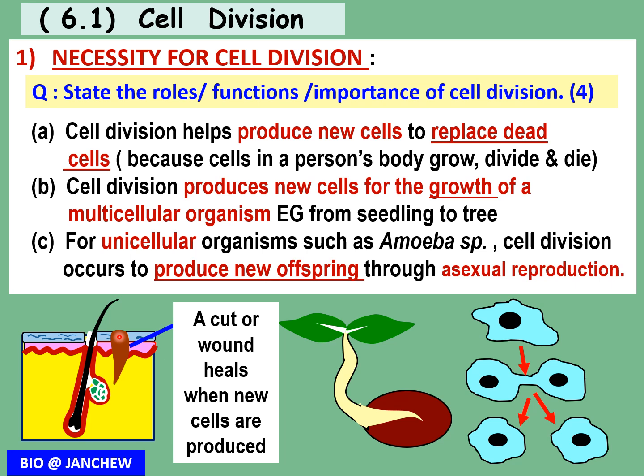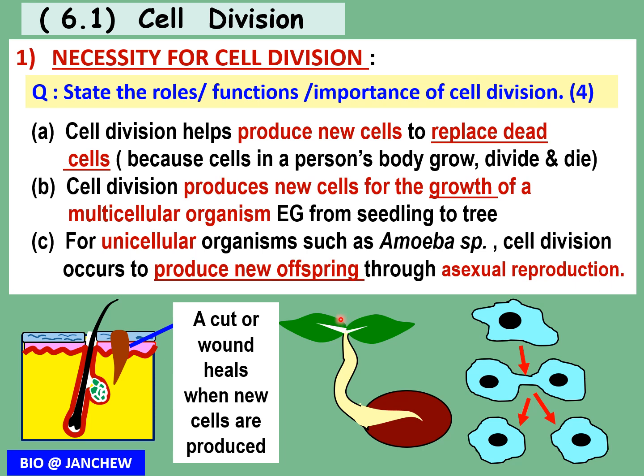are produced. Now, another reason for cell division is that cell division produces new cells for the growth of an organism, for organisms that are still growing. Okay, so like this plant, if it has germinated from the seed, it will need to carry out a lot of cell division in order to produce new leaves and to become bigger and bigger.